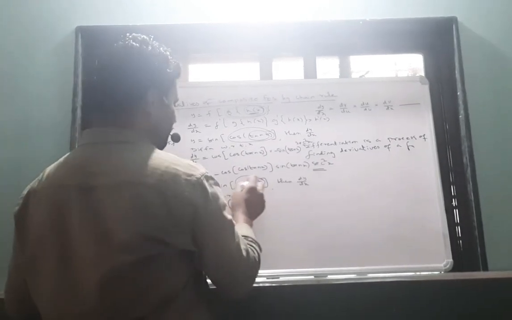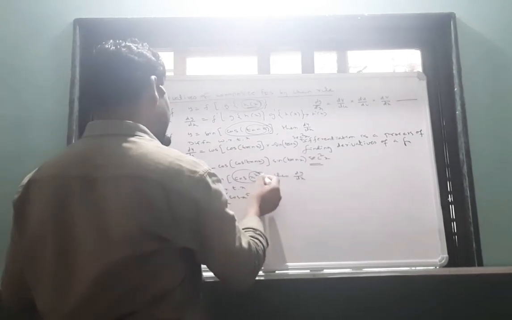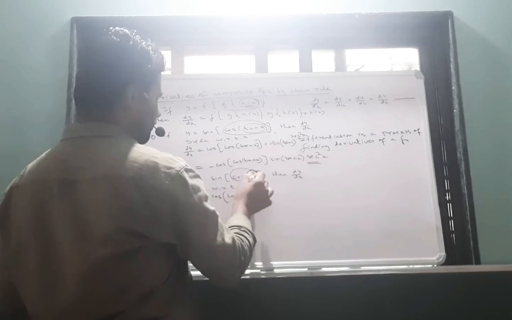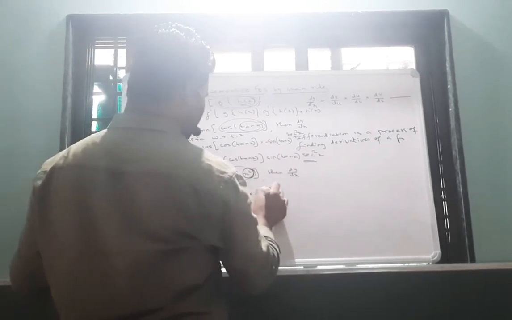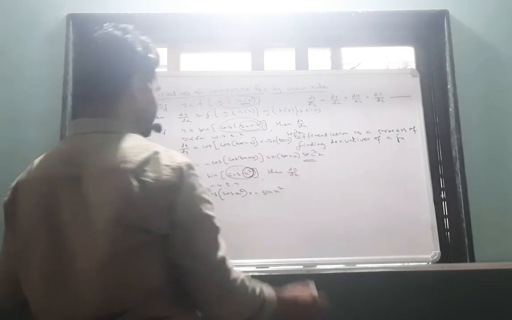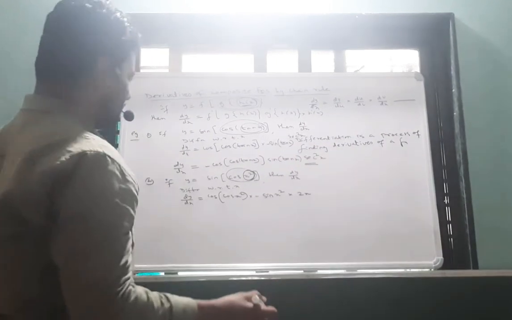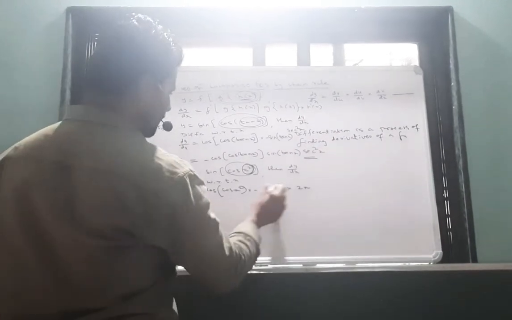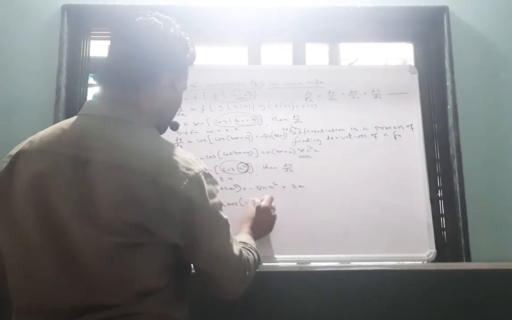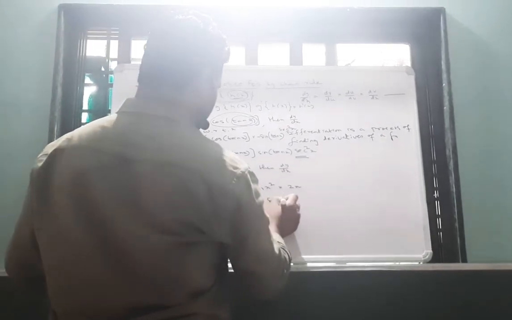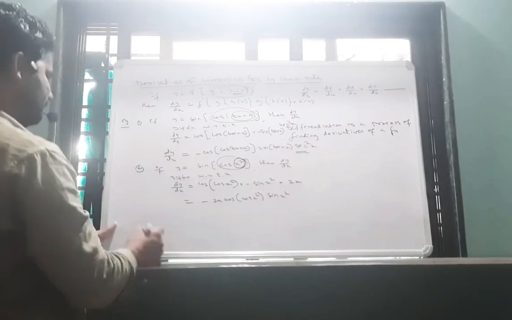Now we have to find the derivative of cos x square. In this I will take x square as v. The derivative of cos v is minus sin v for x square, then the derivative of x square is 2x. So the answer will be minus 2x cos x square into sin x square. This is the dy by dx.